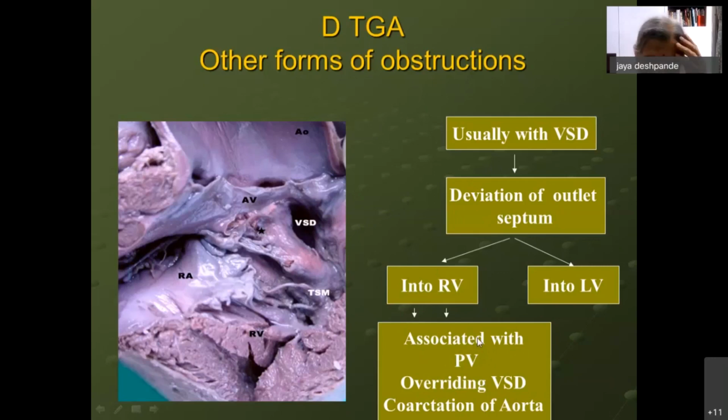Now this is almost akin to a Fallot, but with reversal of the great vessels. So the outlet septum can be pushed into the right side, or it can be pushed into the left ventricle, and whichever side it is pushed into, there will be obstruction of the right ventricle or the left ventricle.